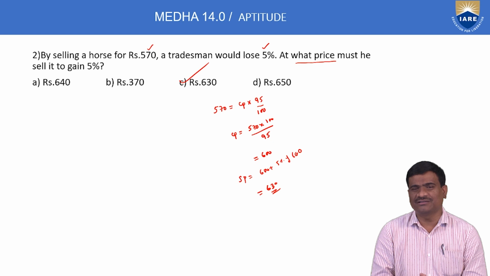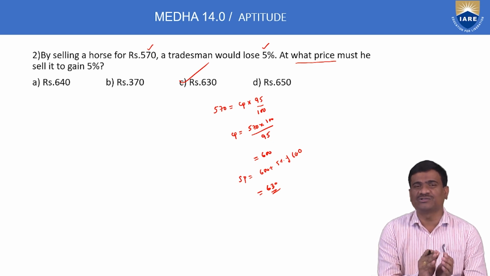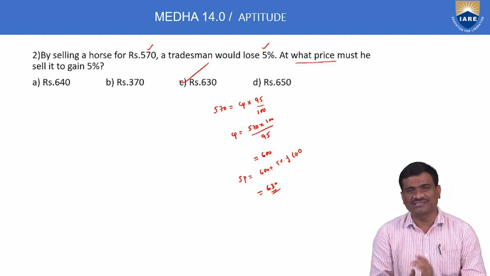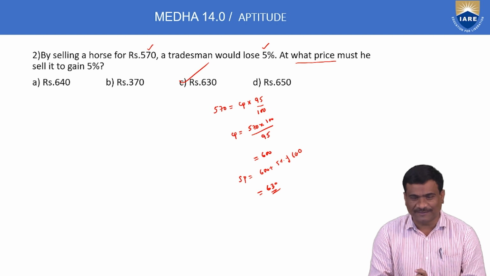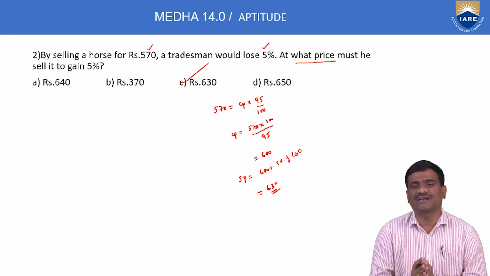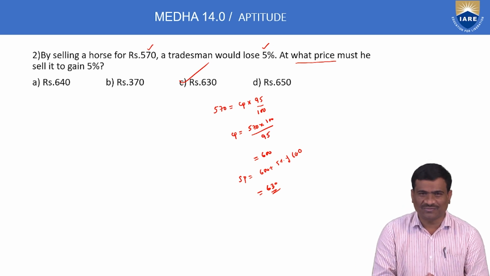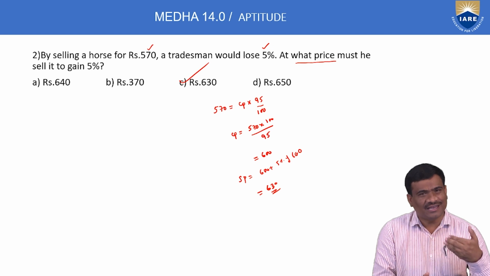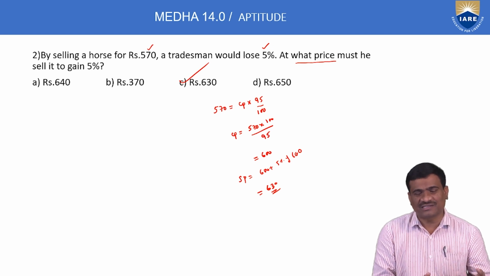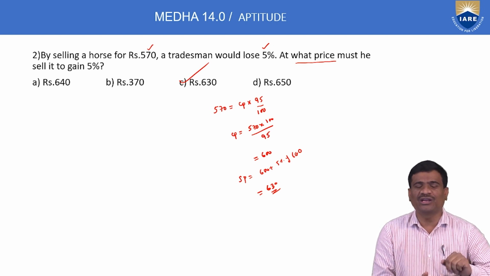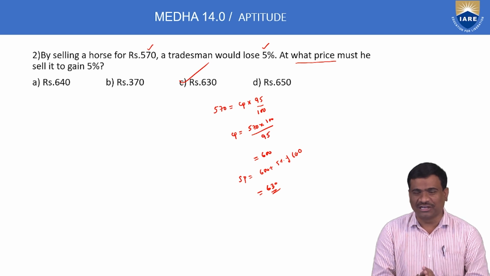The first method uses the formula concept. Second is the shortcut method, always an assumption: 100% is equal to cost price. Less than 100 is loss selling price, more than 100 is gain selling price.